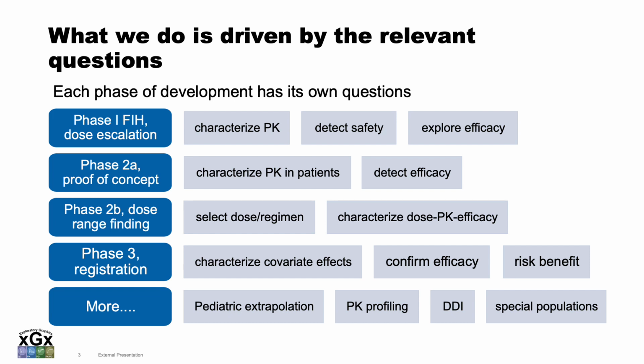In phase 2B, we are often trying to characterize the dose exposure response relationship to help the clinical team select a relevant and appropriate dose and regimen. And similar for phase 3, pediatrics, post-marketing, and so on.